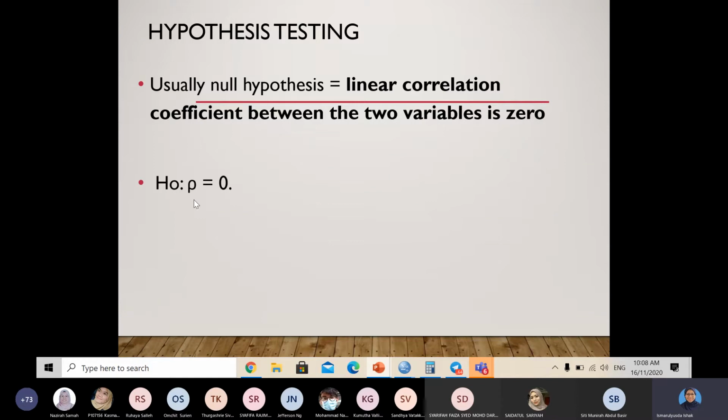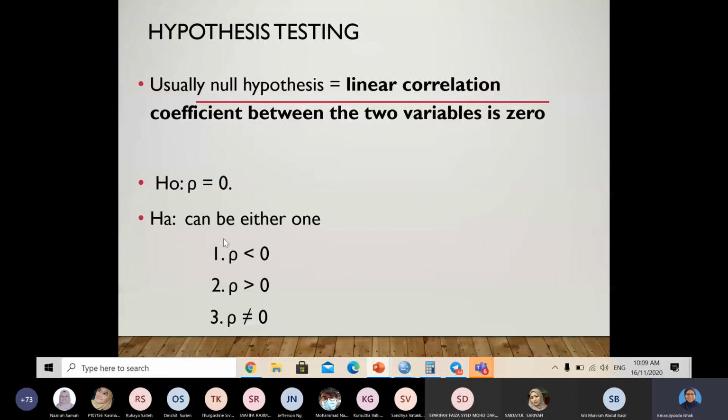Okay, so this is the null hypothesis, rho equal to 0. The alternative hypothesis can be either one. Okay, rho less than 0, rho more than 0, or rho not equal to 0. Yeah, so actually this is like for the regression, the rho changes to capital B.